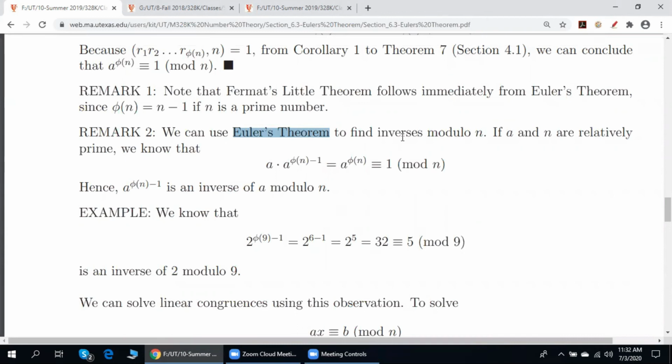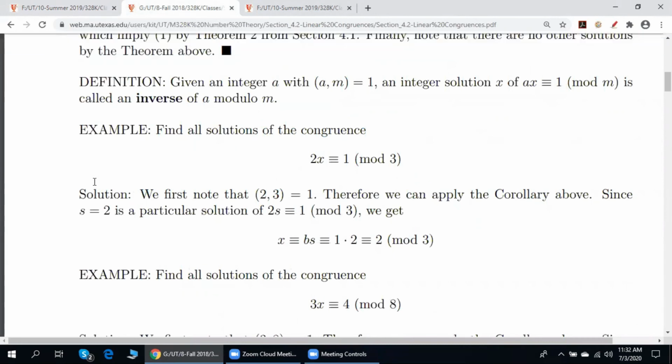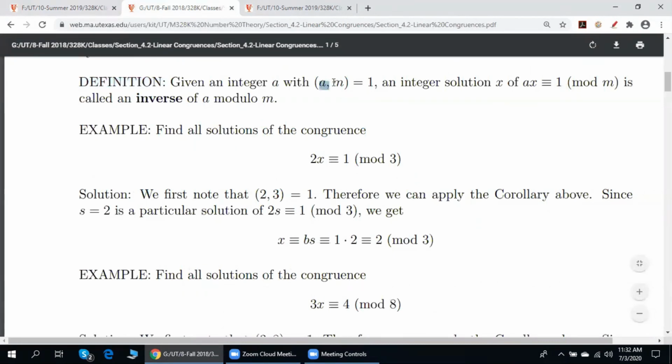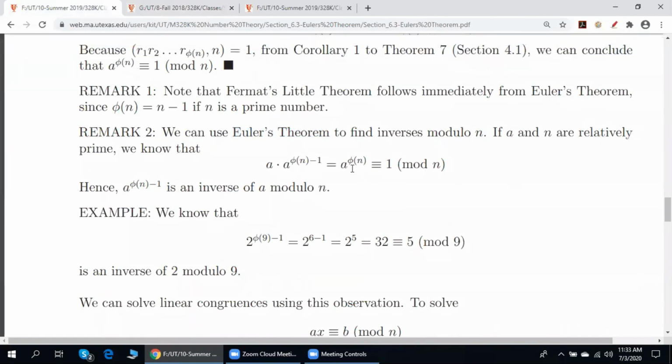Let me remind you what is an inverse modulo n. Let us go back to section 4.2. Suppose A and M are relatively prime, then an inverse of A modulo M is an integer solution of these congruences. So X is an inverse of A modulo M. Here's what we do next. Note that by Euler's theorem, A to phi of n is congruent to 1 modulo n.